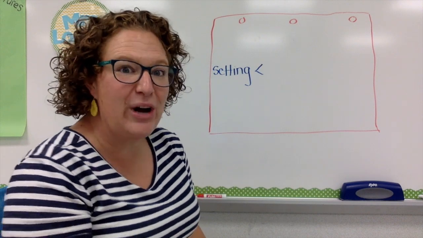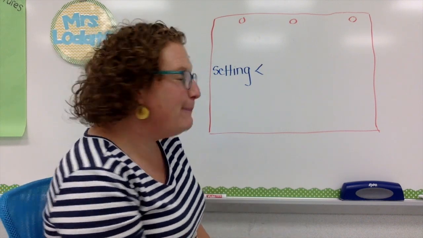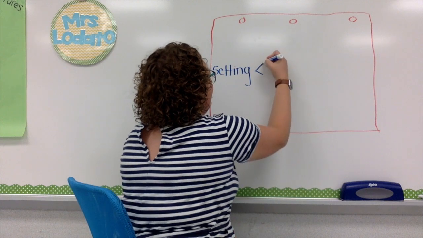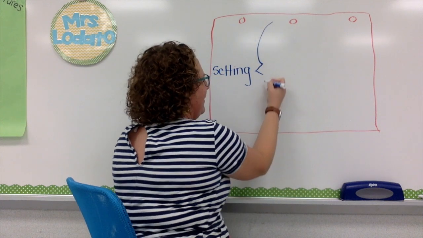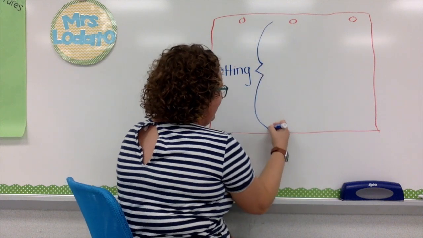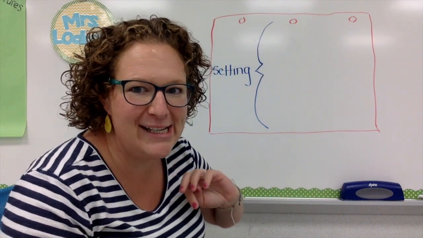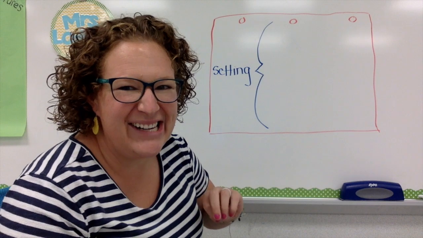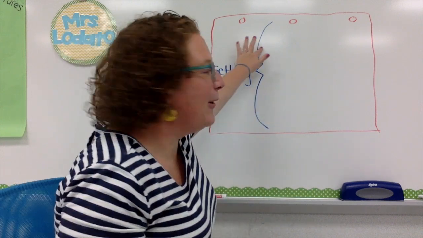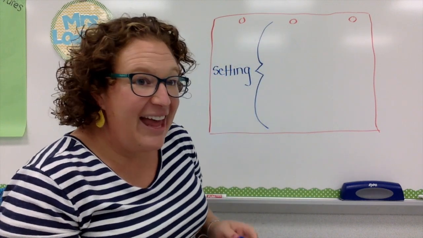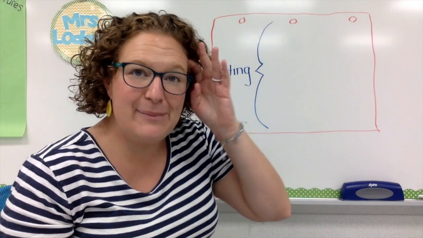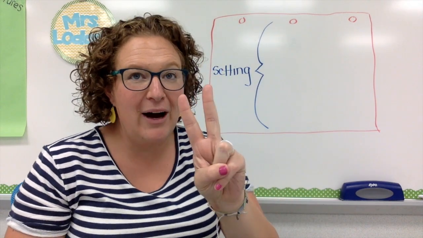Then I'm going to draw two sideways rainbows. Sideways rainbow, sideways rainbow. And now I have my brace map. It looks like a little side face to me if I put an eyeball here. Then in our setting brace map, there are two parts.